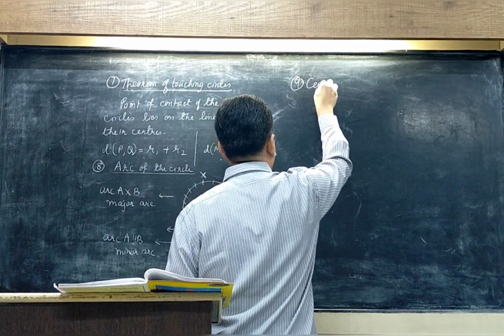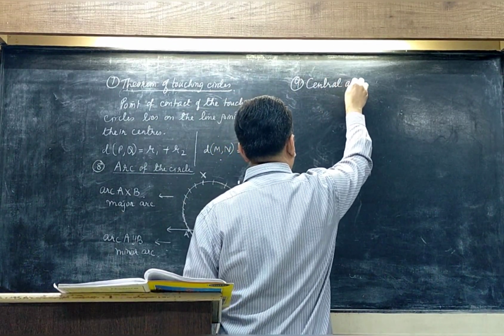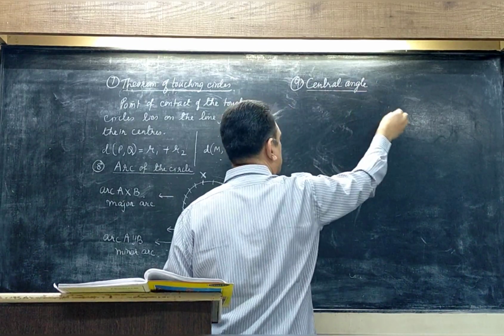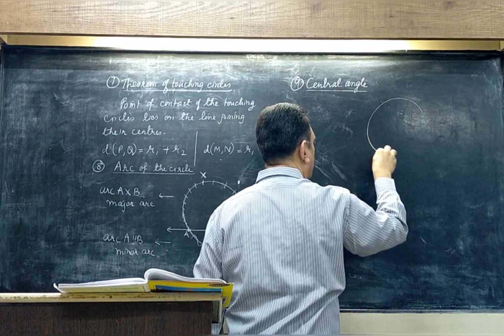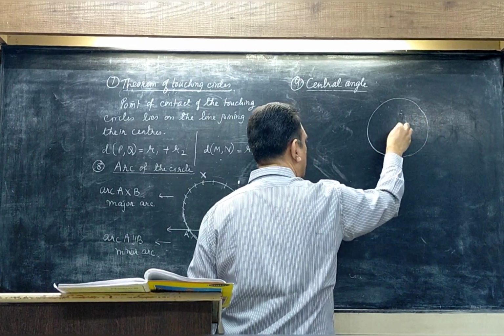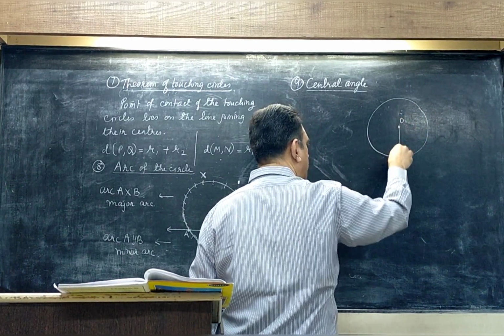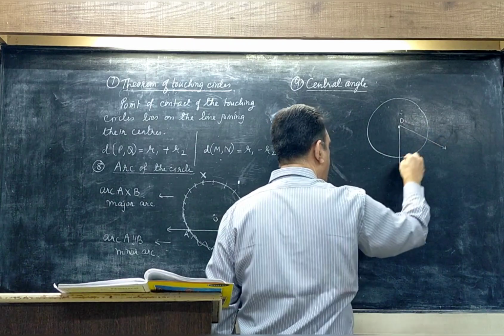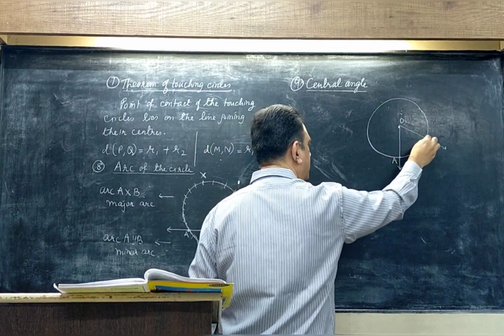Ninth point, central angle. Circle with center O. This is angle AOB.